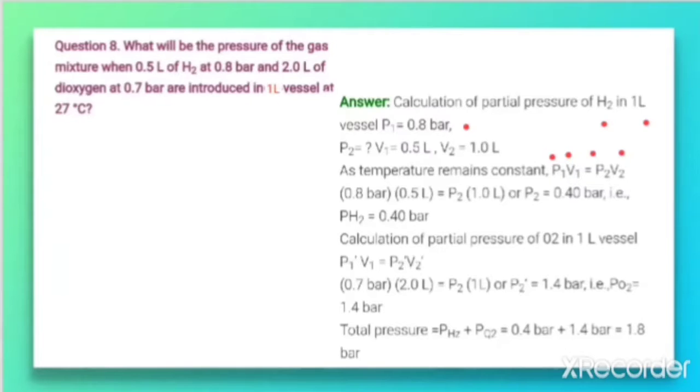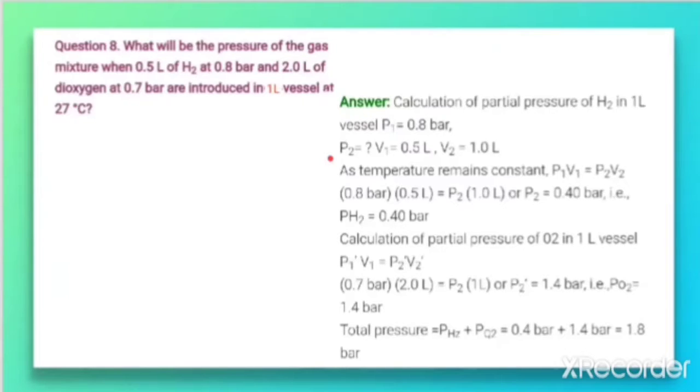Here P1 is the 0.8 bar pressure given to us at 0.5 liter. What will be the pressure at 1 liter, that we are finding out? So we'll apply these values in the formula P1 V1 is equal to P2 V2. Here we want to find P2.